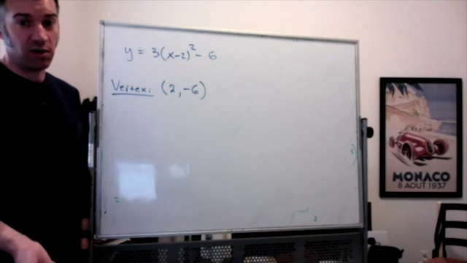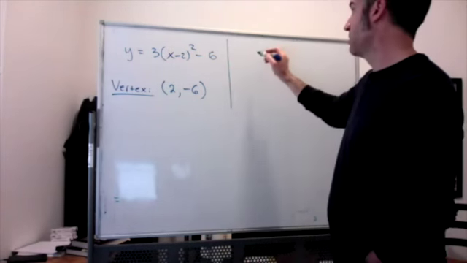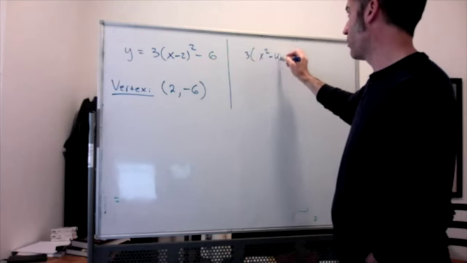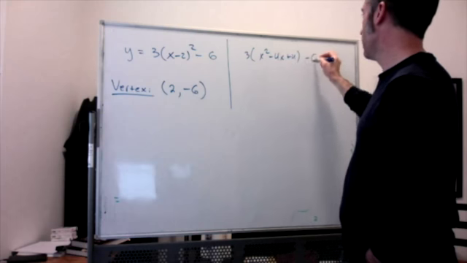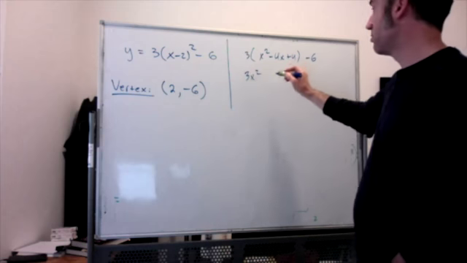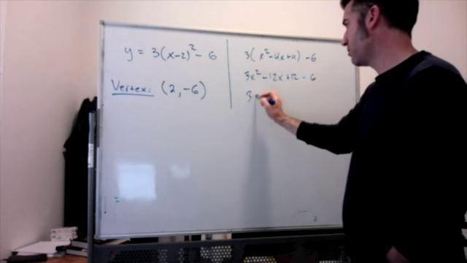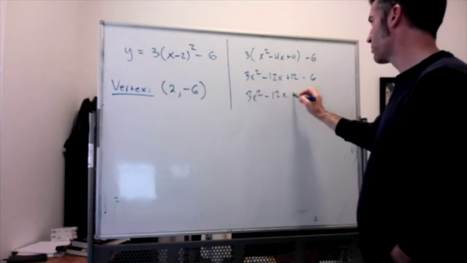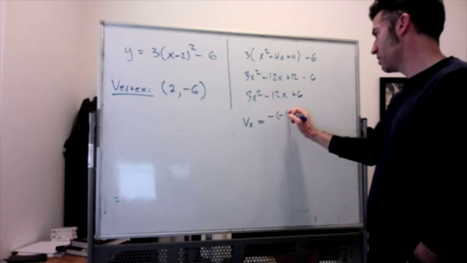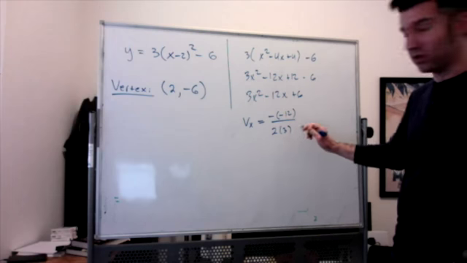You could do more work, right? You could totally, if you wanted to, multiply this out: 3 times x minus 2 squared is x squared minus 4x plus 4, minus 6, and then distribute the 3. This is way too much work for this problem. And then add those together, and say, okay, the x coordinate is negative b over 2a, which is 12 over 6, which is 2.